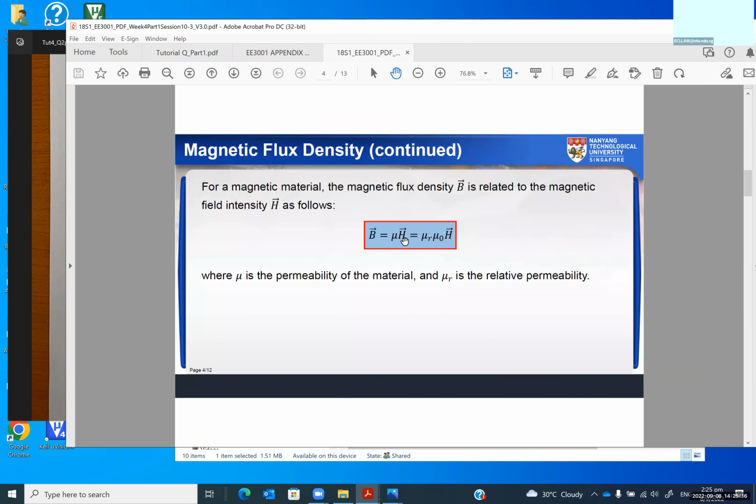B is equal to mu H. So mu is the permeability of the medium, which is given by mu R times mu naught. Mu naught is a constant for free space. Mu R is the one that changes depending on the material. And even with the same material, it may change in x, y, z coordinates if it's non-homogeneous.